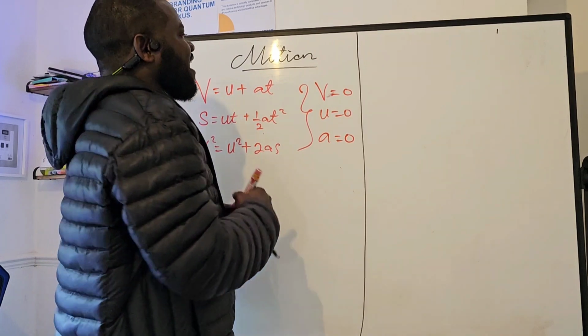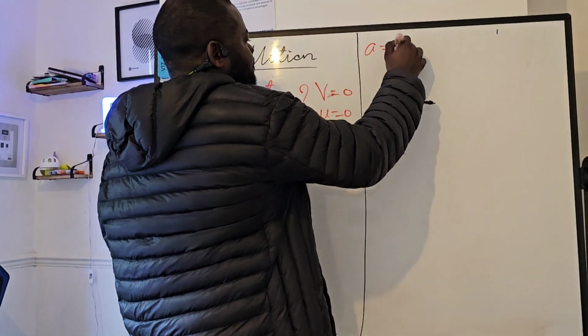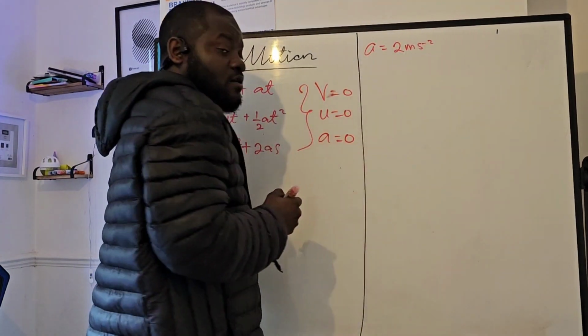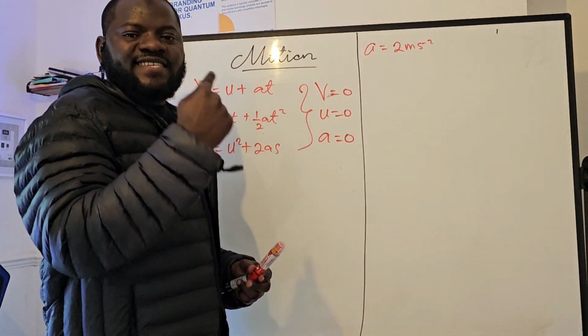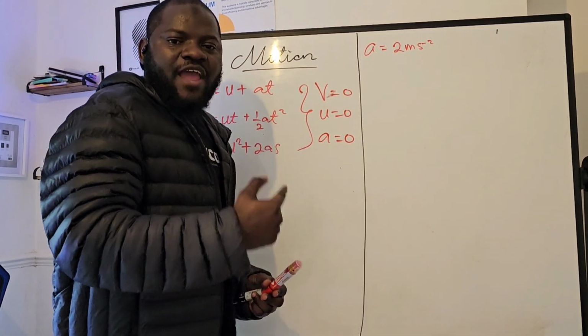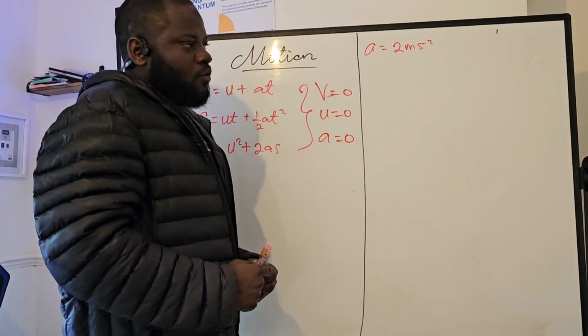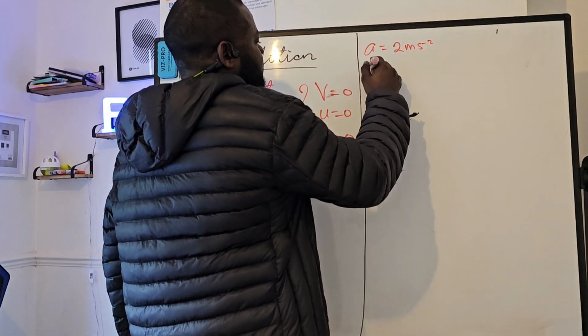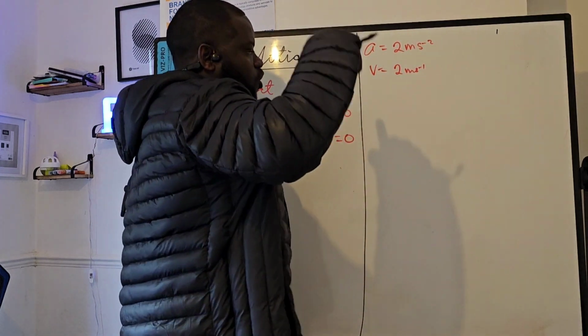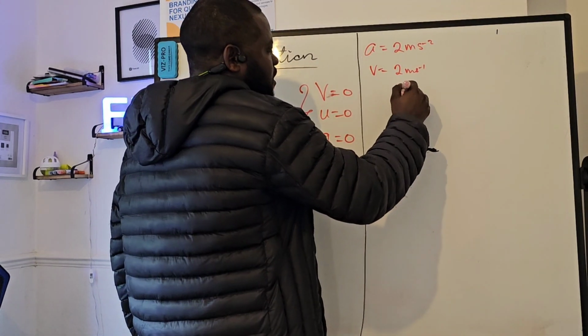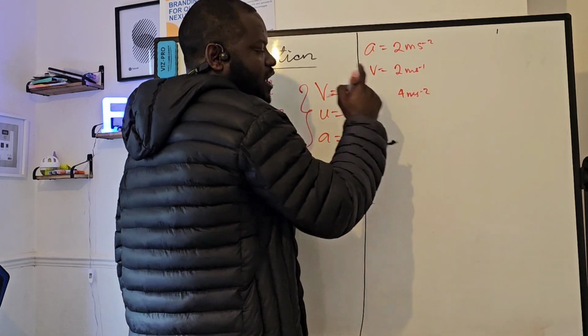So if you are told that the acceleration of the body is 2 meters per second squared, what it means is that the velocity of that body is increasing by 2 every second. What do I mean? Let's say I have the velocity of the body to be 2 meters per second. In the next 1 second, the velocity will have become what? It will have become 4.